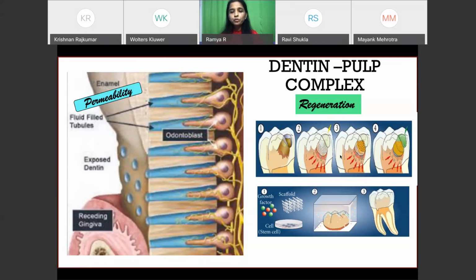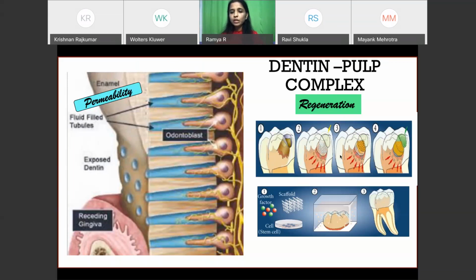So give a base which would regenerate the underlying damaged dentine. In case it is deeper down, you should definitely think of even stimulating the pulp. You have very good materials like MTA, now proven, but still they have not been completely successful in rejuvenating the dentine pulp complex. The success rates are good, but definitely not 100%. So again, that offers a huge scope of research.